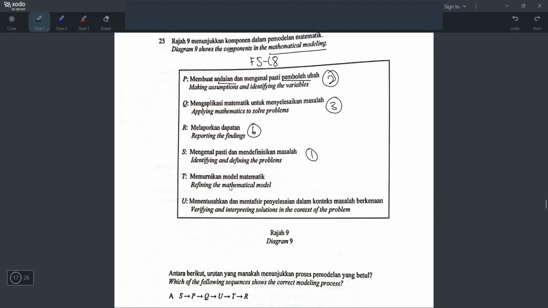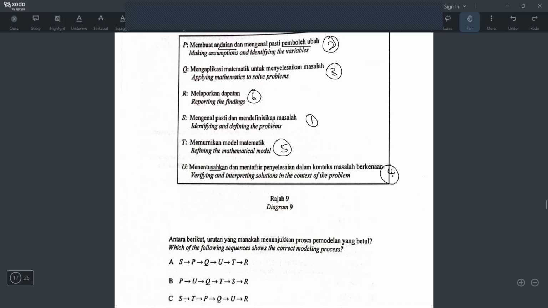Refine, this one is step 5. And then verify is step number 4. Okay, so let's see A, B, C, D. Which one is the answer? So we start with S, P, Q, U, T, R. S, P, Q. So the answer is A, right? Okay, the answer is A.